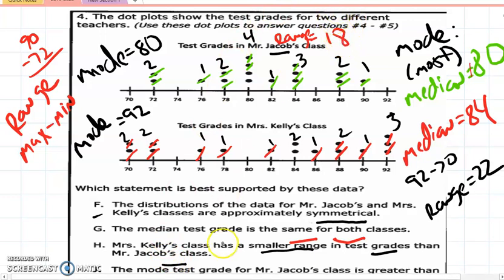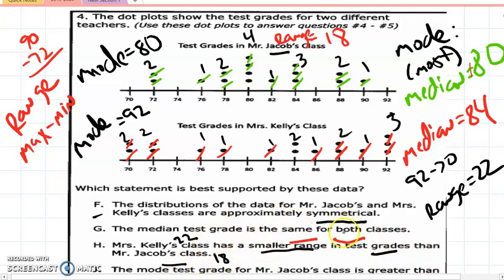So I can see that that's not true, because 22 is not less than or smaller than 18.